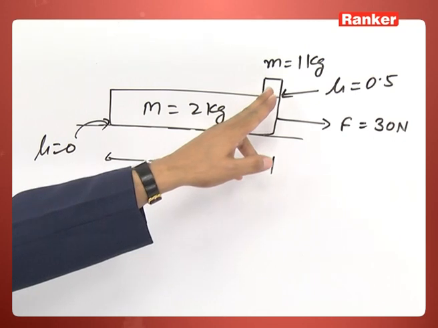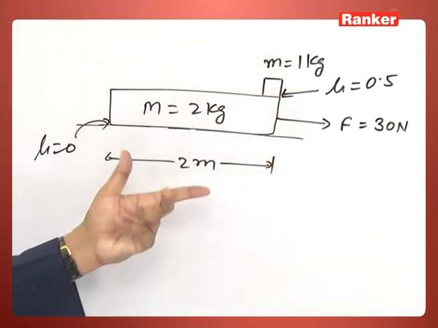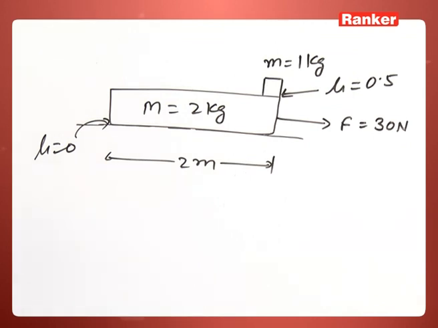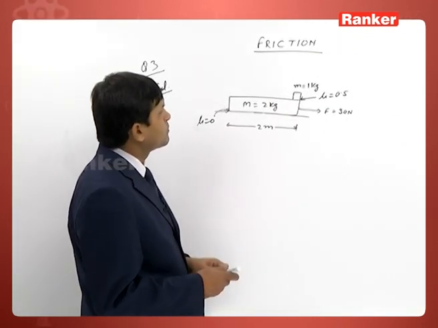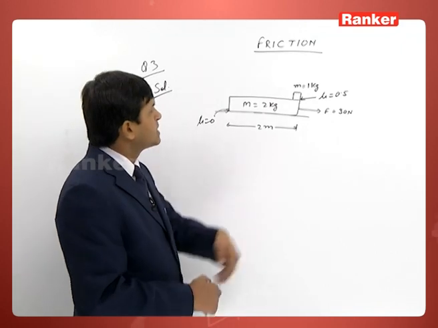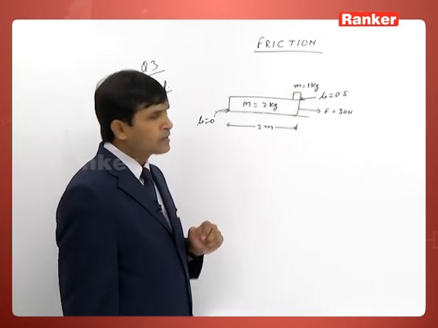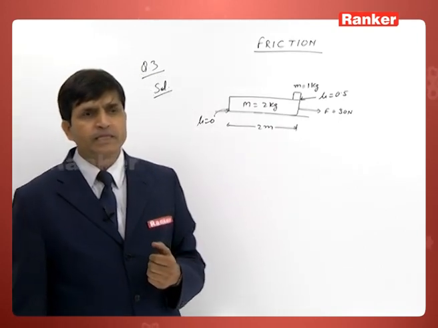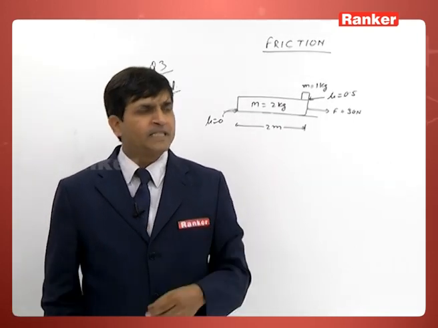It means the block has to travel 2 meter distance with respect to the plank. So, the main point is that the block will separate from the plank when the block has traveled 2 meter with respect to the plank.